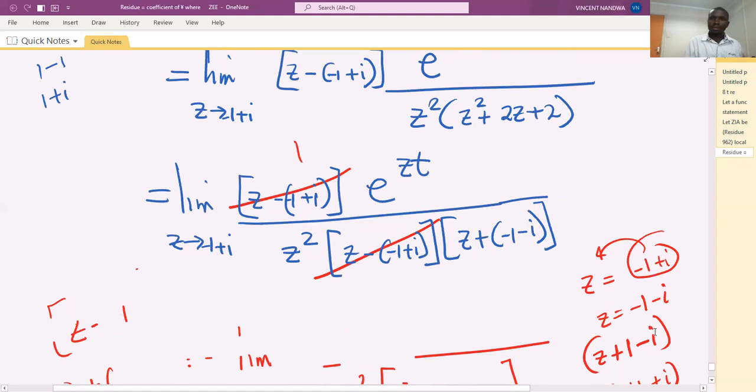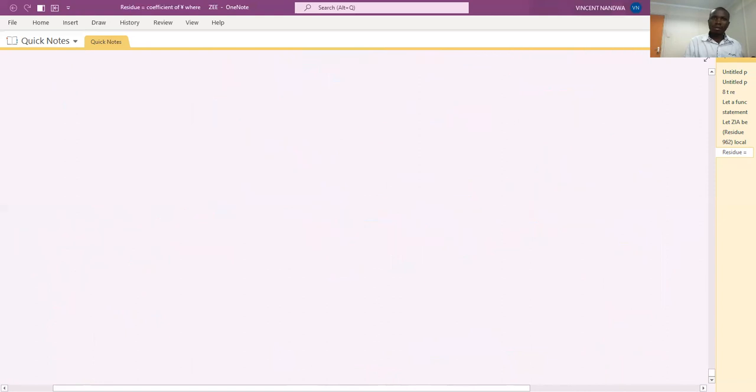Okay, let me just explain how we find the limit. So next z is minus 1 plus i.